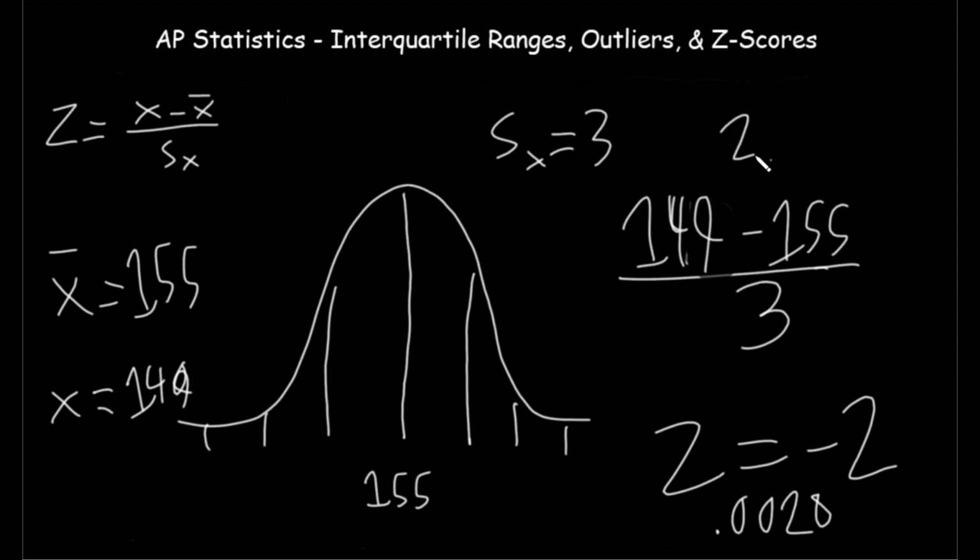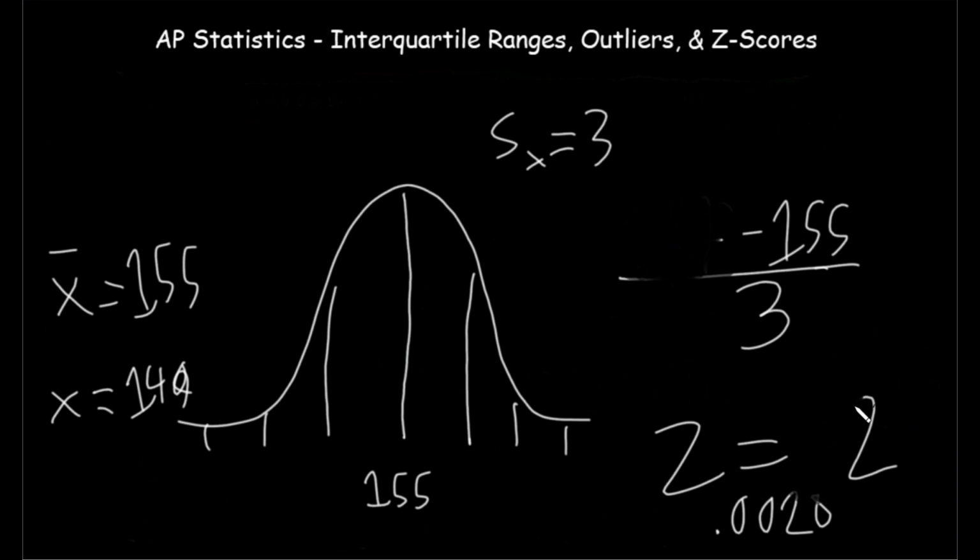Basically, that's 2.8%. And what that means is that you're in the 2.8th percentile of that entire distribution, which is really low. So depending on what the distribution measures, that could either be really good or really bad, mostly really bad.